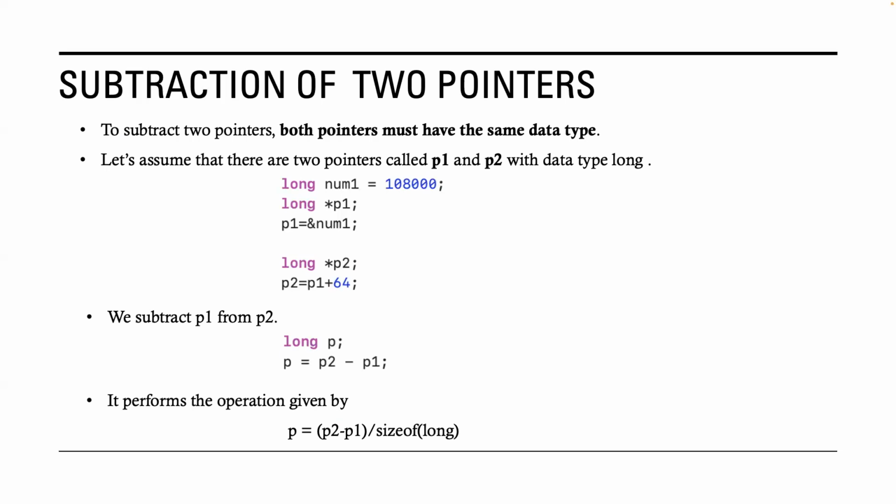Here what I'm doing is subtracting the value of p1 from p2. What it actually performs is this operation: p2 minus p1 means the value of p2 minus the value of p1 over size of the data type. Here the data type is long, so it is size of long.